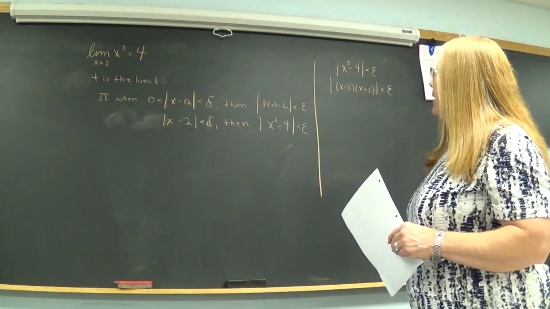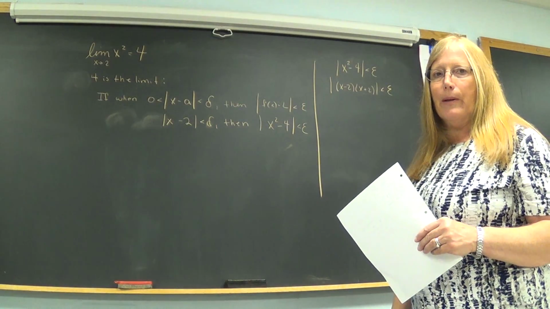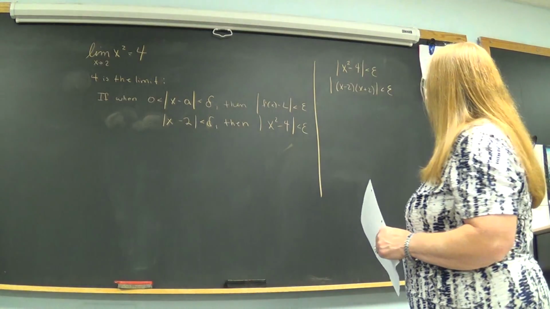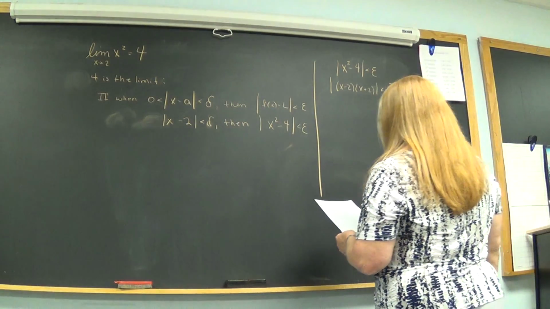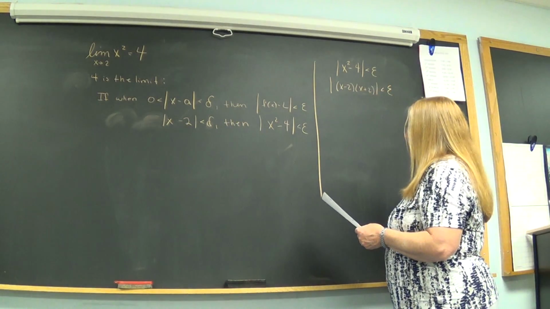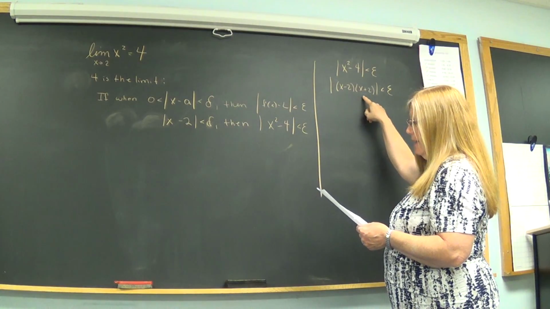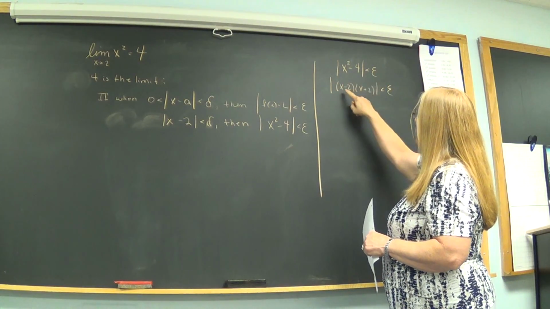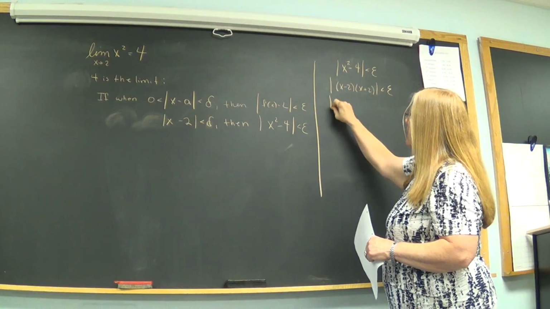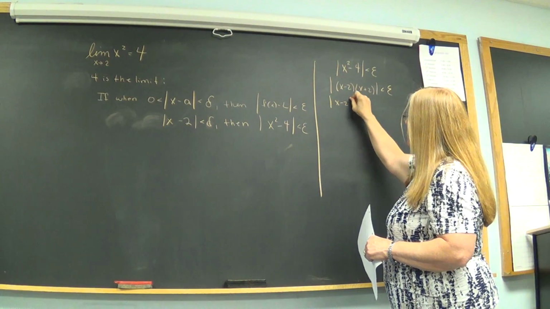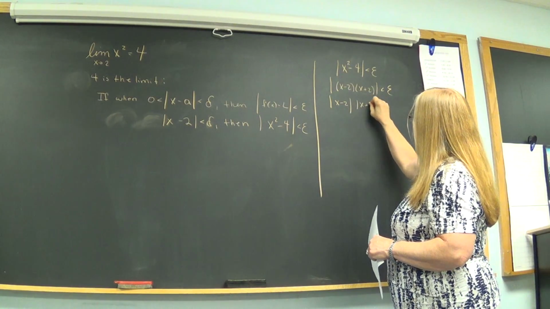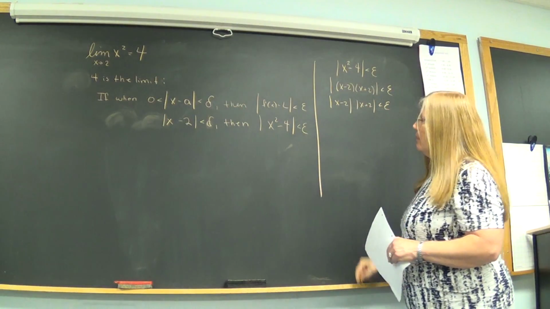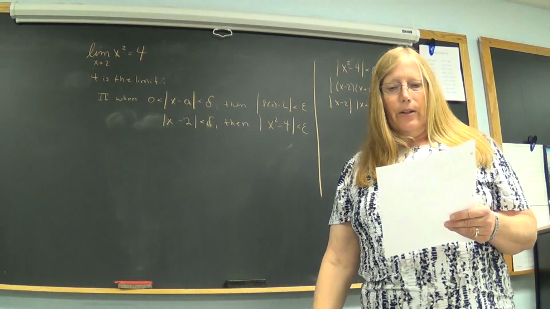So usually the quadratic expressions are factorable. And when we look at that, we see there's an absolute value of a product, which is the product of the absolute values. So I can put an absolute value around each of those factors.